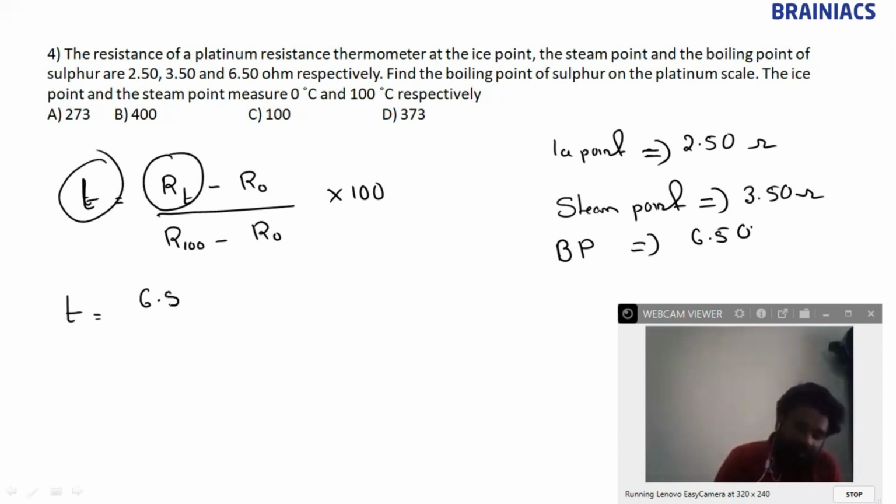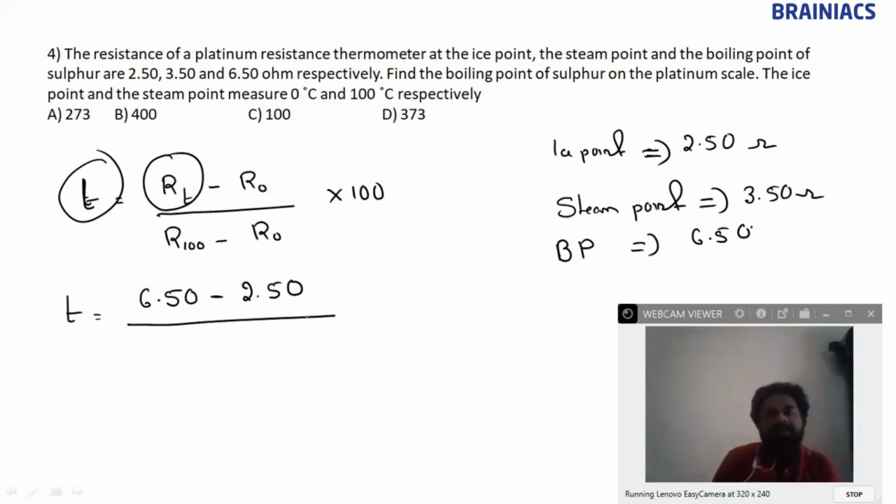So 6.50 minus R naught, which is nothing but the resistance at 0 degree Celsius, which is 2.50, divided by the resistance at 100 degree Celsius. We used to find the resistance at 100 degree Celsius.